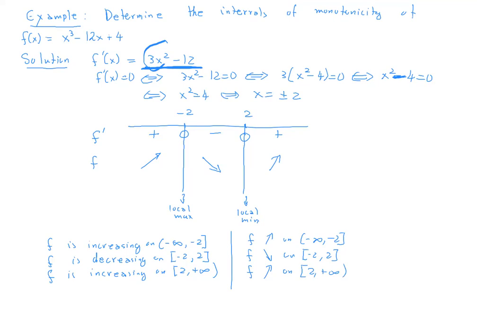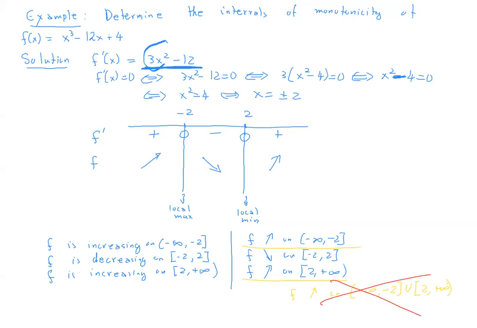The one thing that I want you to notice here is that some people might be inclined to take these two, since it's increasing in these two intervals, and say something like f is increasing on the union of the two intervals. In general, that will not even be true. So just avoid putting non-adjacent intervals together.